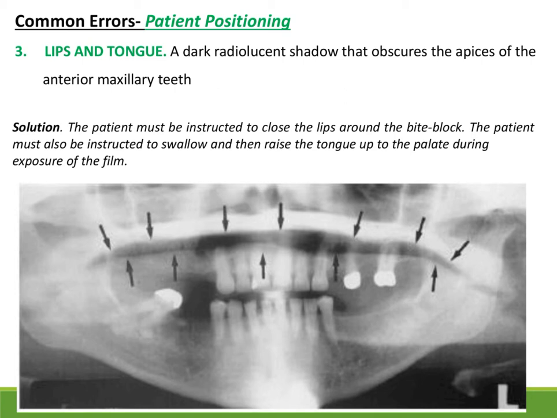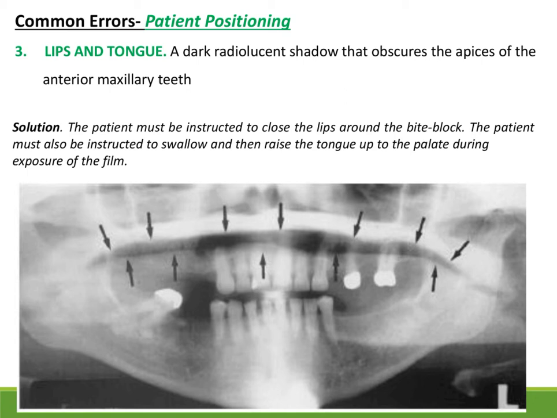When we do it, we will not see this black area as pointed by the arrows. If you see it, that means the patient is not touching the tongue towards the palate.